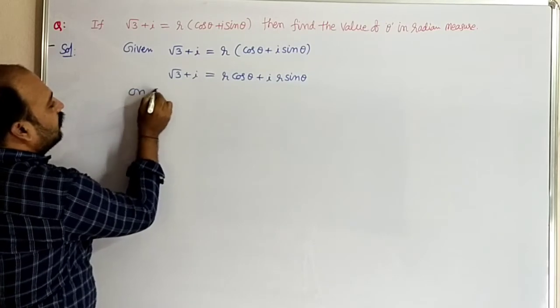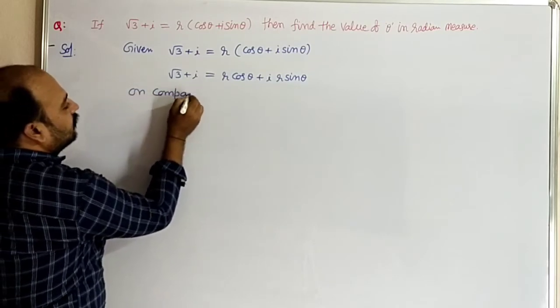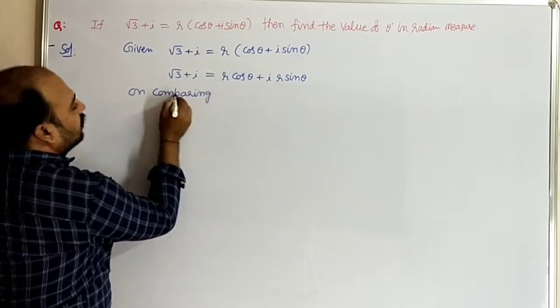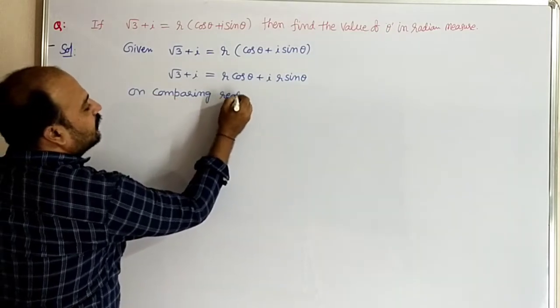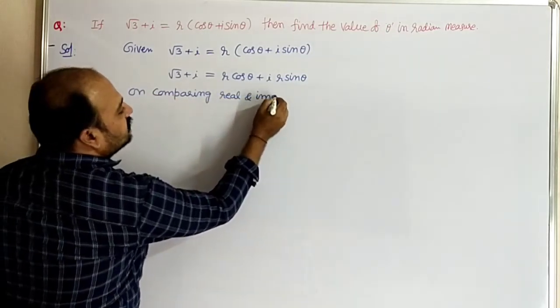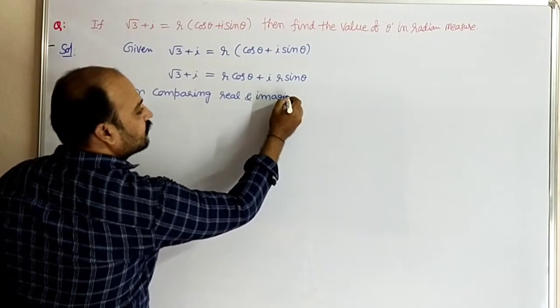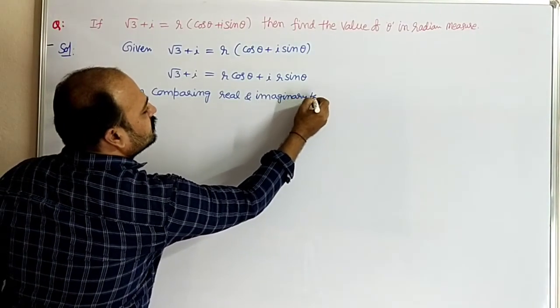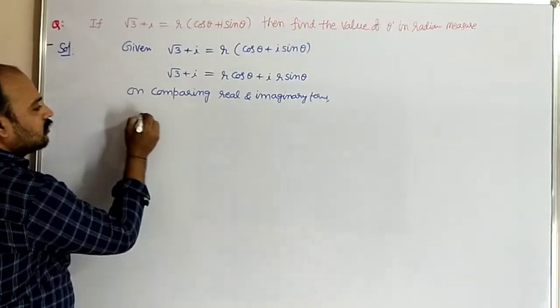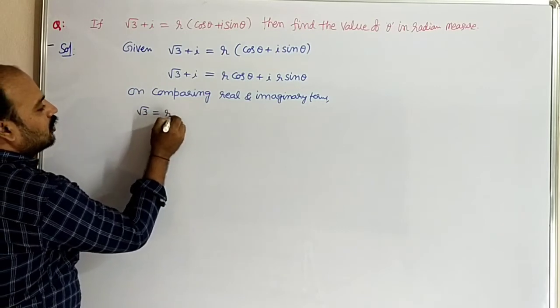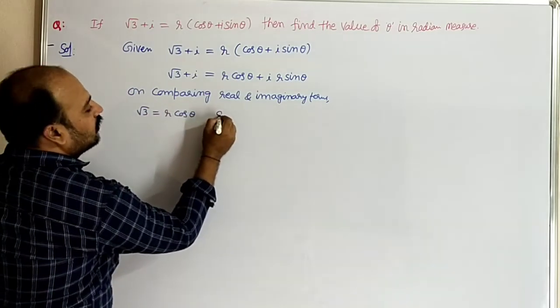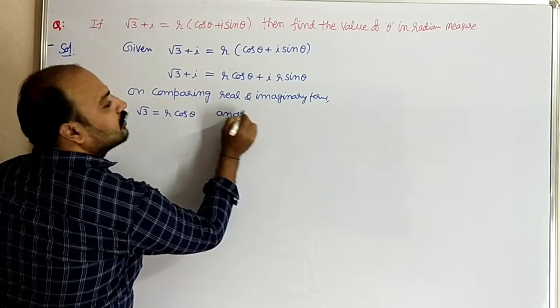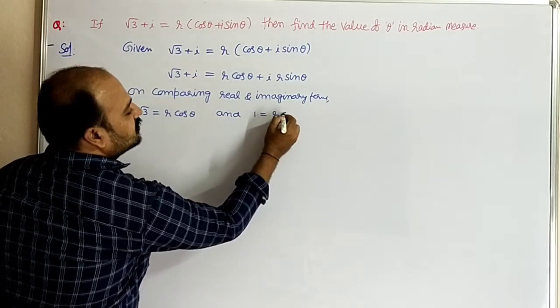Comparing real and imaginary parts, root 3 is equal to r cos theta and 1 is equal to r sin theta.